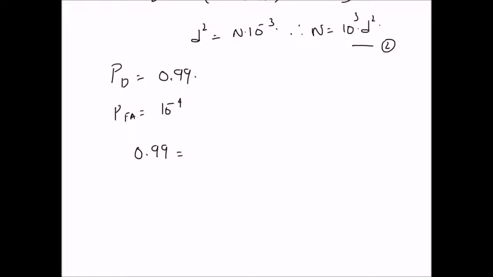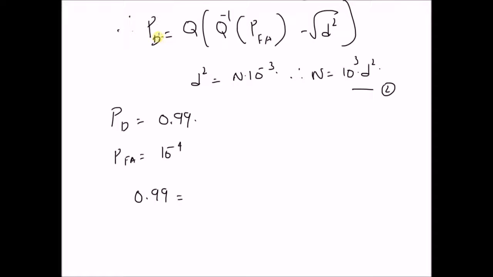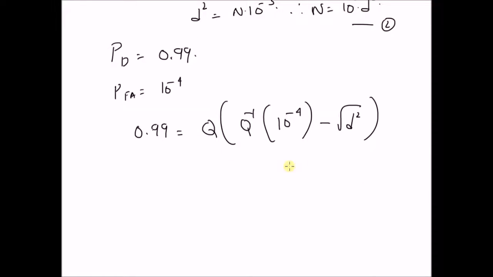We have 0.99 is equal to Q function at Q inverse of the probability of false alarm, 10 power minus 4, minus square root of d square. Now basically we have to solve for the value of d square.